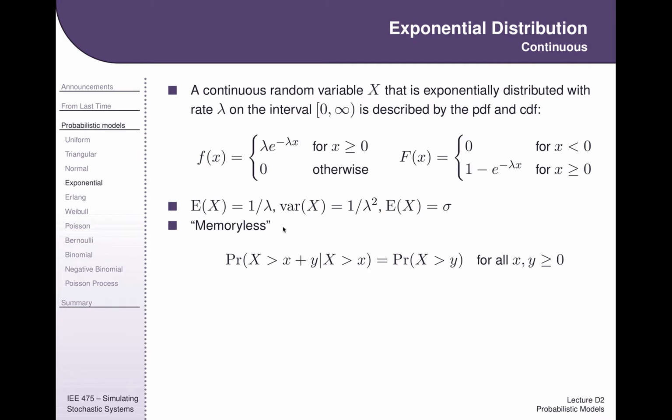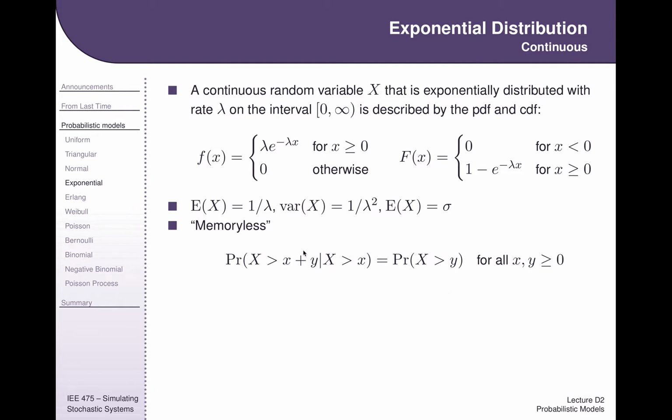It's memoryless. What this statement here means is that the probability that X is greater than x plus y, given that we already know we're in a world where X is greater than x, is just the same as the probability that the random variable X is greater than y alone.